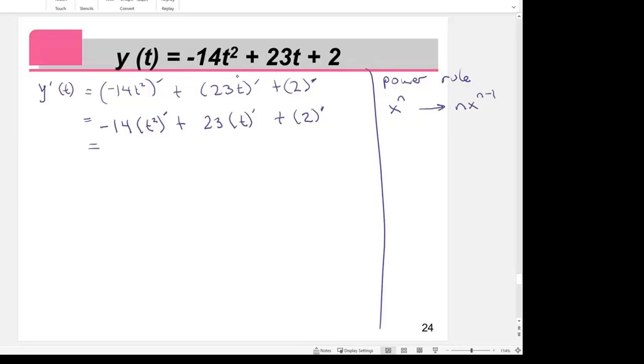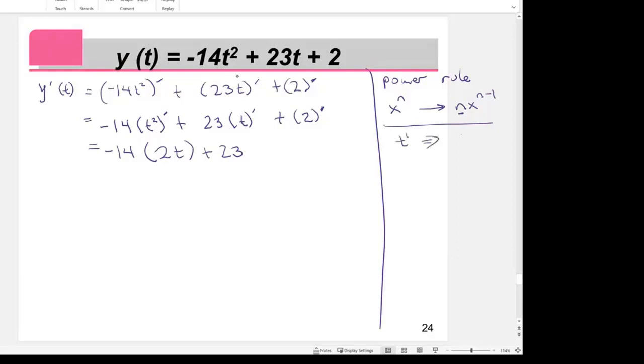So now this is going to equal negative 14 times, well, n is 2, so it's 2, my x is t, to the 2 minus 1, which is the first power, plus 23, and then we have the derivative of t, which is t to the 1.